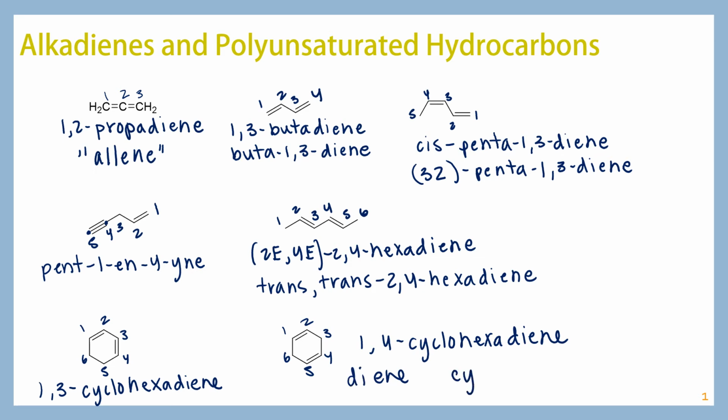It's cyclic, so I need cyclo. There are 6 carbons total, so I need hex as my prefix. And my dienes are in the 1,4 position. And then arrange it in the proper order. That might help you make sure that you get all the pieces, especially once you start also having substituents hanging off of it.